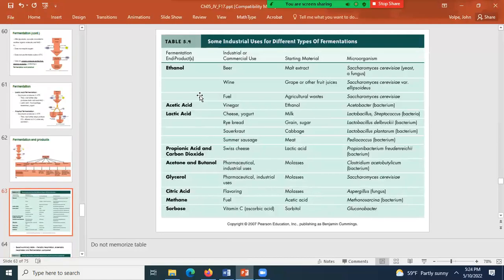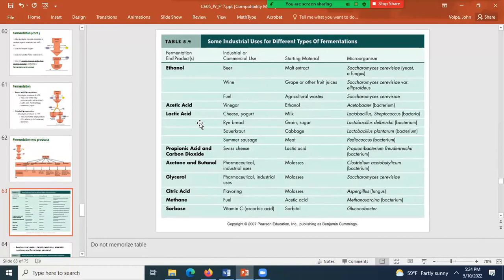You don't need to know this table, but it tells you what the end product is. Ethanol, which I forgot to mention, is used to make fuel, which we put in our car by adding ethanol to gasoline. And it usually uses a fruit juice to make wine or a malt extract to make beer.